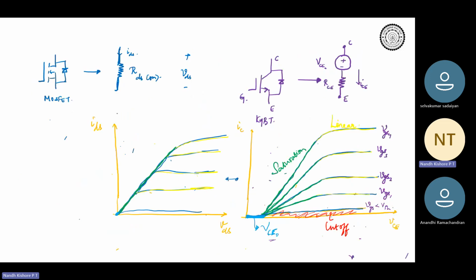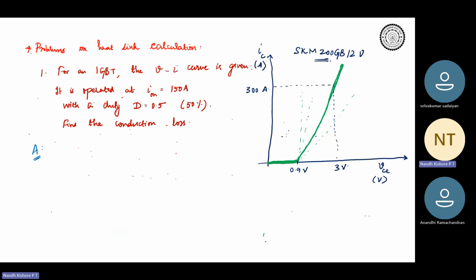Okay. Now the point is, let's come back. Let's say that this is a buck converter, and this is where you are using the IGBT. There will be a diode over here, there will be the inductor, and then a capacitor and then a resistor.